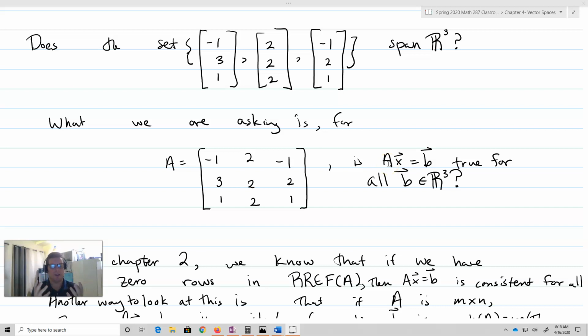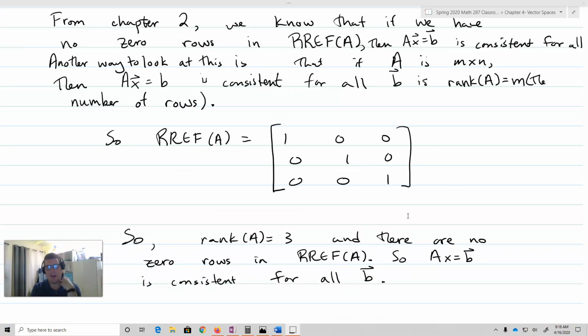Because we want to know the consistency of the system, the first thing we need to know is that there are no 0 rows inside of the row reduction. From chapter 2, we know that if we have no 0 rows in the RREF of A, then AX equals B is going to be consistent for all B.